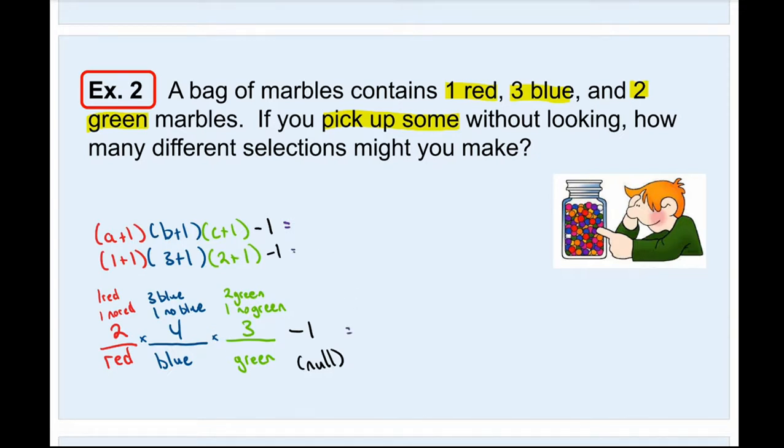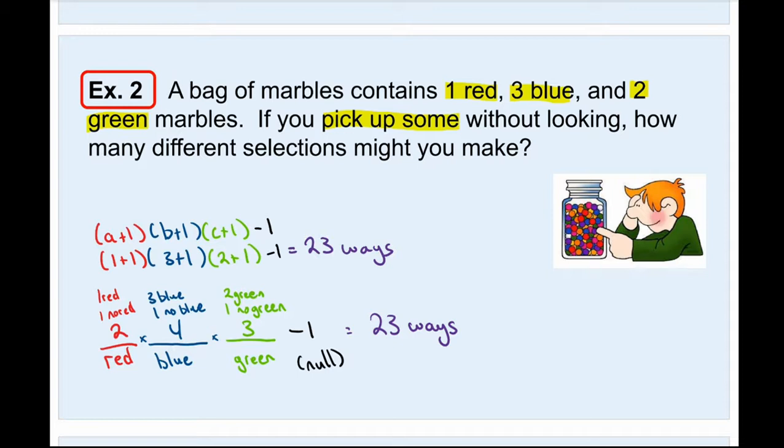And when I do that, I should get 23 ways. So the top one, we're just dealing with the formula, and then we're breaking it down into each part to see where those numbers actually come from. And in the end, we get 23 ways.